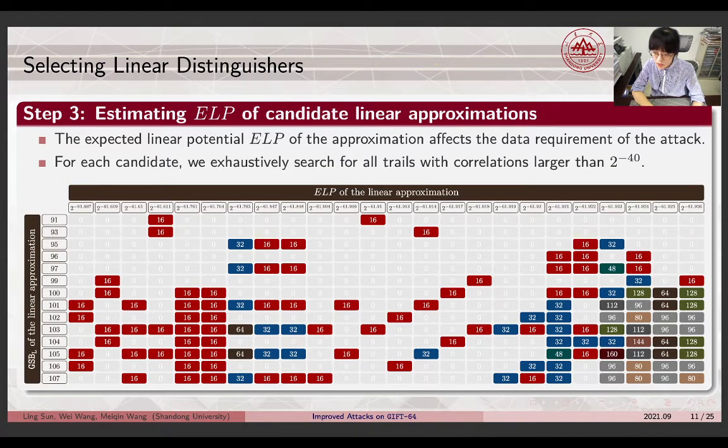Apart from the value of GSBL, the value of the expected linear potential ELP also affects the complexity of the attack. Thus, in the third step, we turn our attention to the ELP of the linear approximations containing the 5,120 trios.